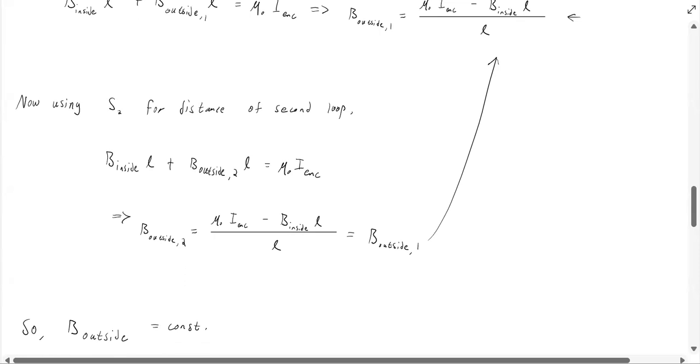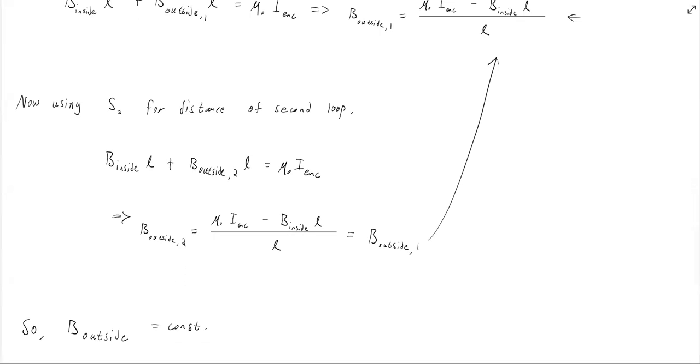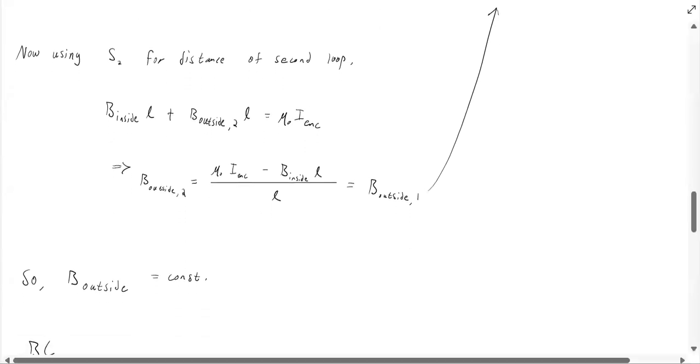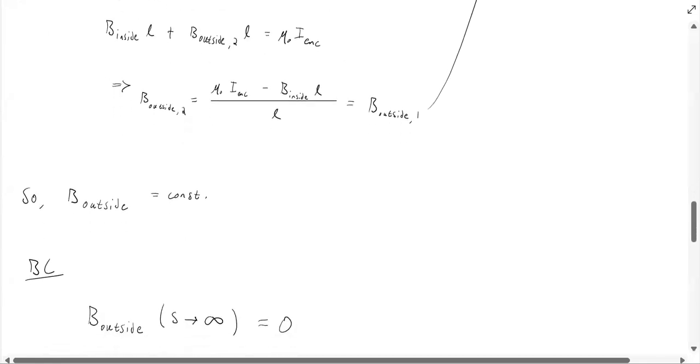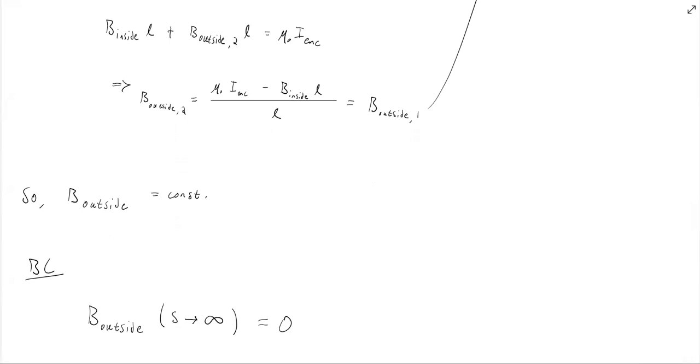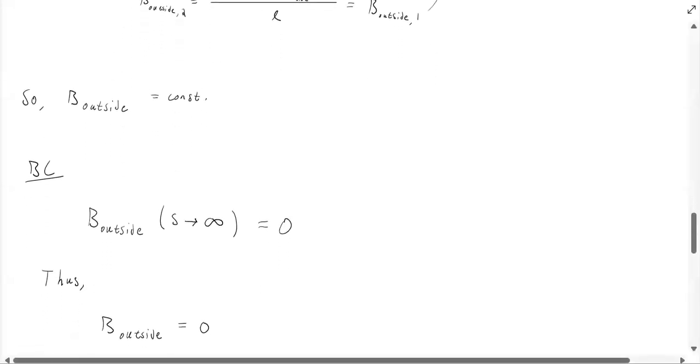And so further, some boundary conditions for this solenoid are that as S tends to infinity, we expect the magnetic field to equal 0. And so because B outside is a constant, it must be 0 overall. So B outside equals 0.